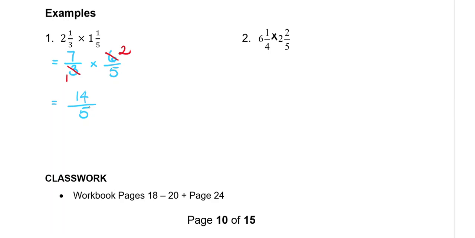Okay, let's do it one more time. Before I do, what am I expecting to see every time you do a question? Yes, your working out. So the steps, Callum, are? Cancelling. Yes, I want to see cancelling. Hannah?